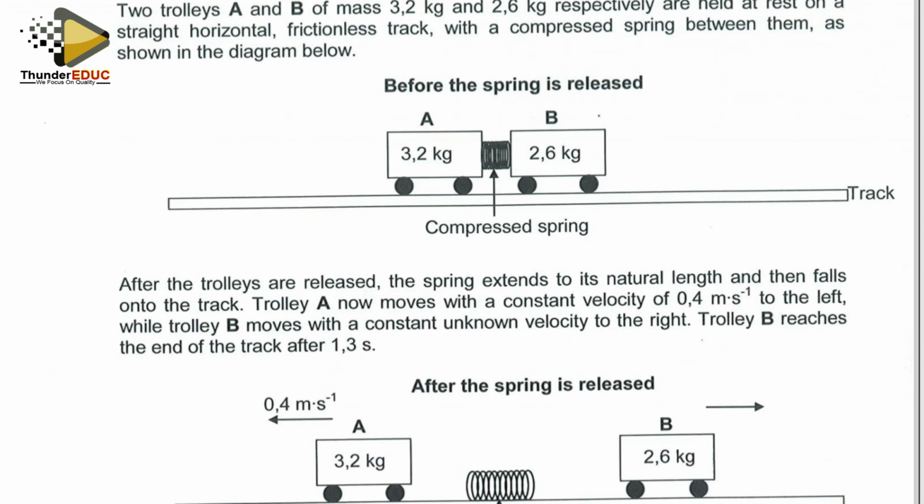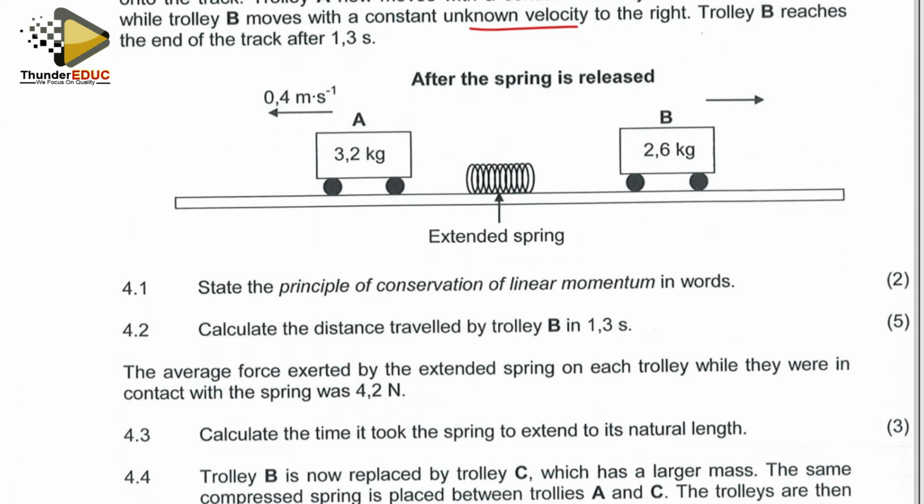Trolley A now moves with a constant velocity of 0,4 to the left, and B moves with a constant unknown velocity to the right. B reaches the end after a time of 1,3 seconds. State the principle of conservation of linear momentum.